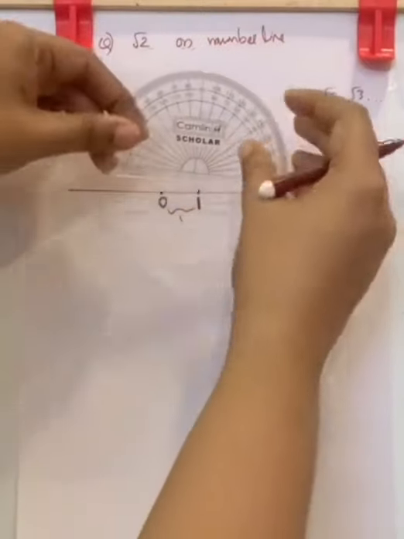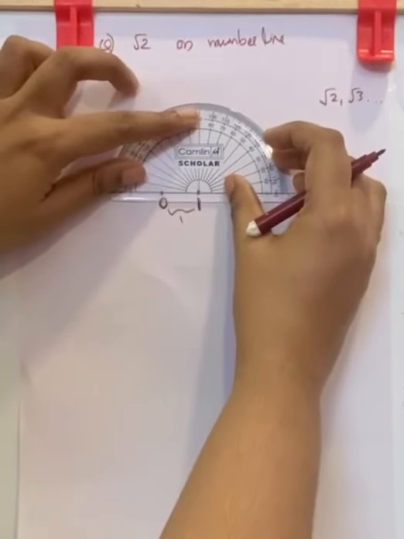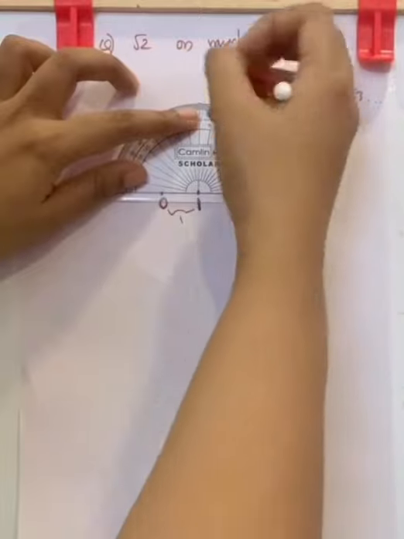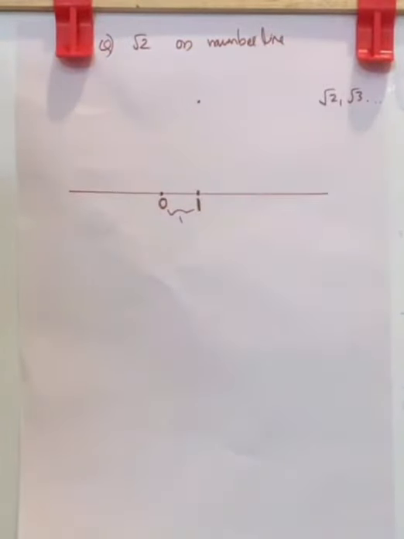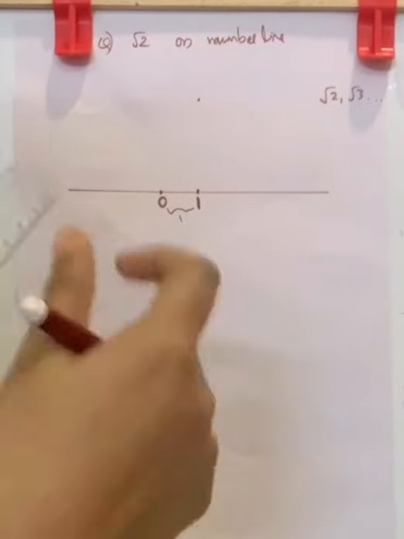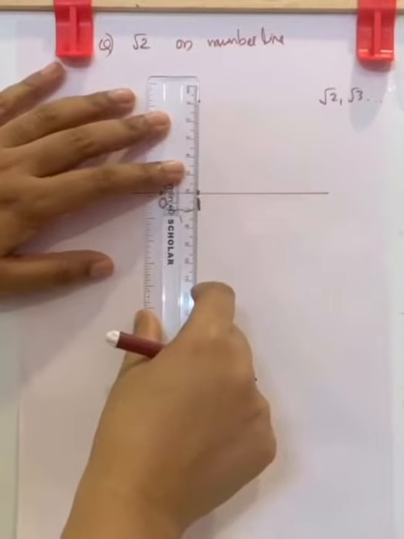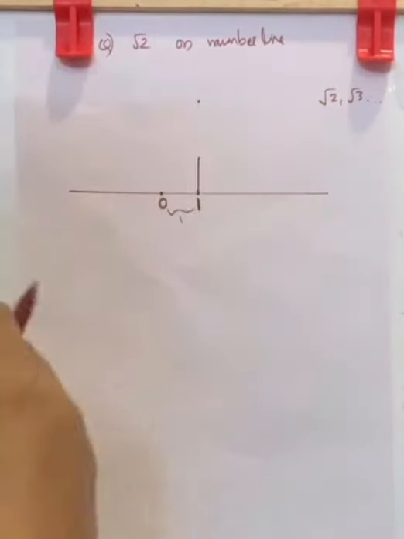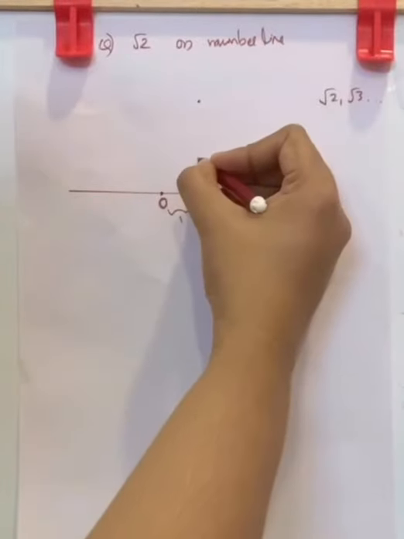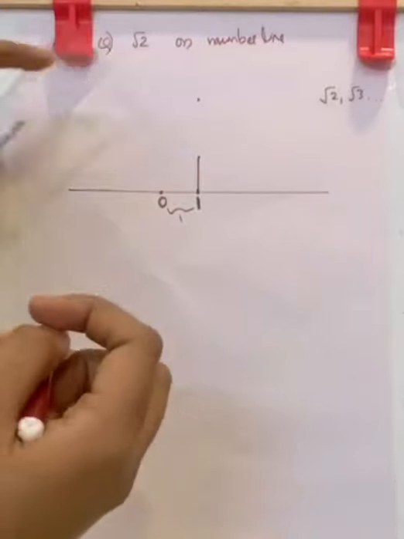Now next, keep the protractor here and find a 90 degree. This is here. Now in this, you want to take another 1 unit here. This is 1 centimeter and this is also 1 centimeter. Now next is to join this.